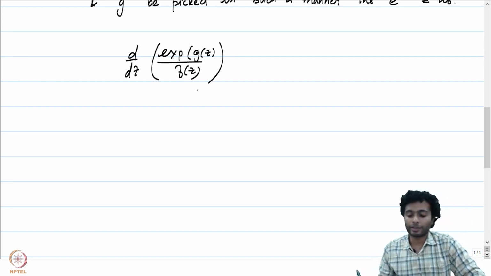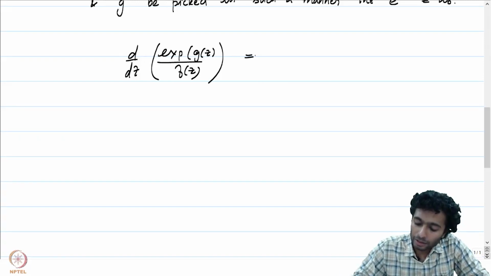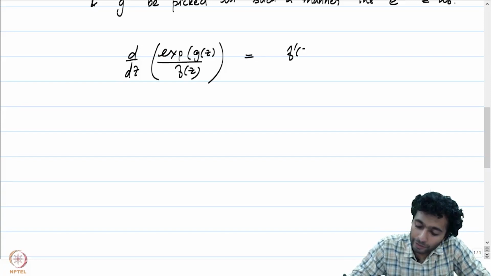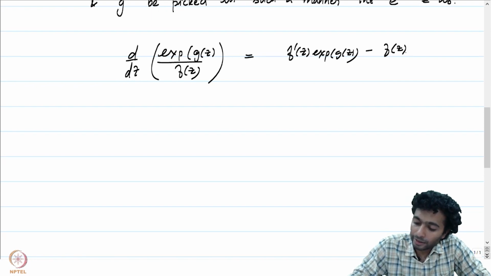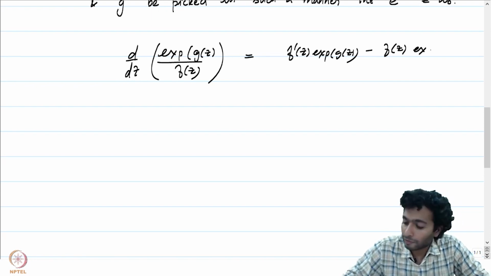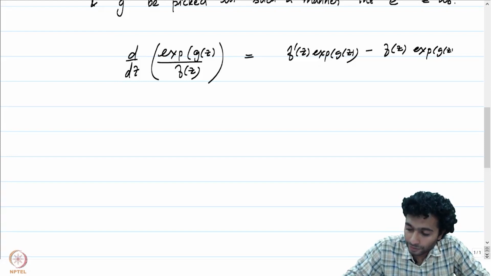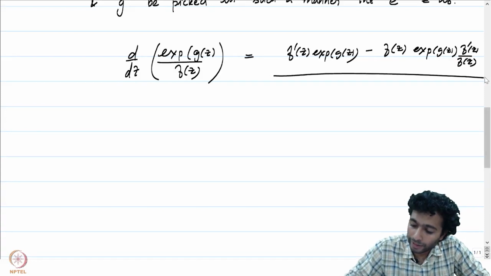By the quotient rule, we have f prime of z times exp of g of z minus f of z times the derivative of exp of g of z, which is exp of g of z times g prime of z, which is f prime of z by f of z, the whole divided by f of z square.